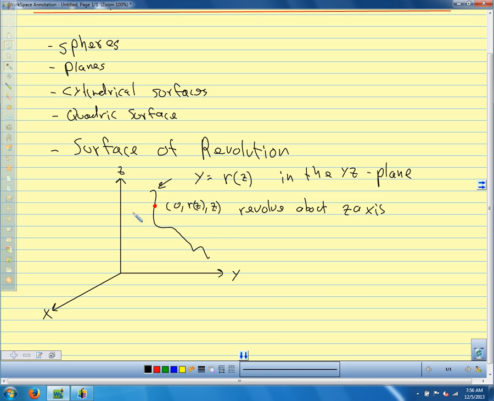Now when I revolve this curve about the z-axis, what path does this point take? What kind of path? Circle. This is going to travel in a circle about the z-axis when I revolve that around. So the point moves in a circle.